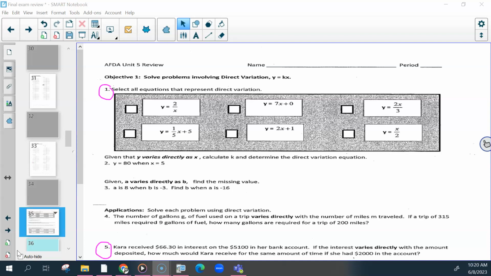On this page of the review, we are in direct variation. Which of these, so just the first 5 for this section, which of these would we like to see, go over, have questions about?